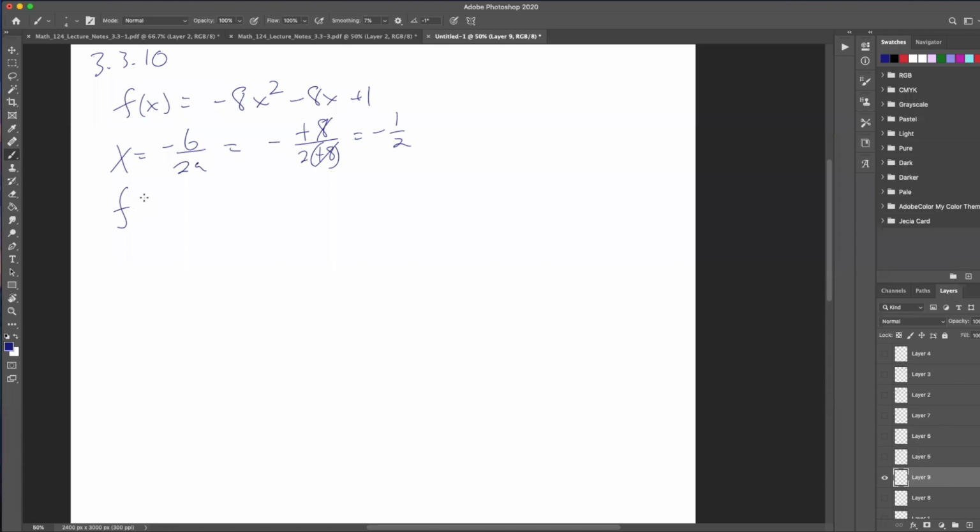Okay. So minus a half is that value. I plug that into the function. So f of minus 1/2 is minus 8 times minus 1/2 squared, minus 8 times minus 1/2, plus 1. Go ahead and do the math here. This turns into a fourth, and a fourth times an eighth will give me 2.